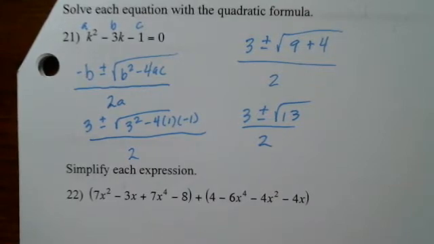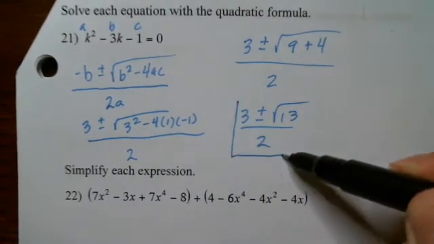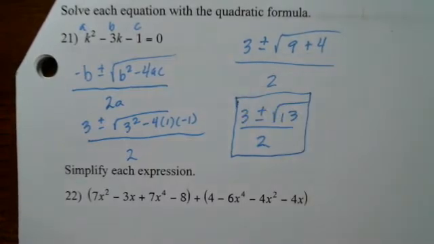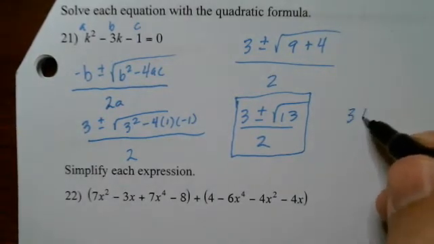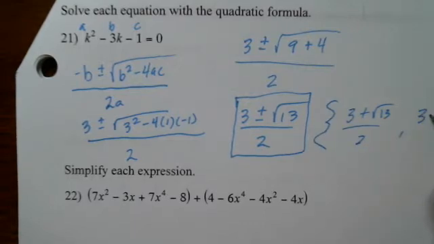Will 4 or 9 go into 13? No. So this should be my final answer then. Can somebody confirm with the answer key? Yep, that's right. Of course, it may show it like this: 3 plus radical 13 over 2, comma 3 minus radical 13 over 2.